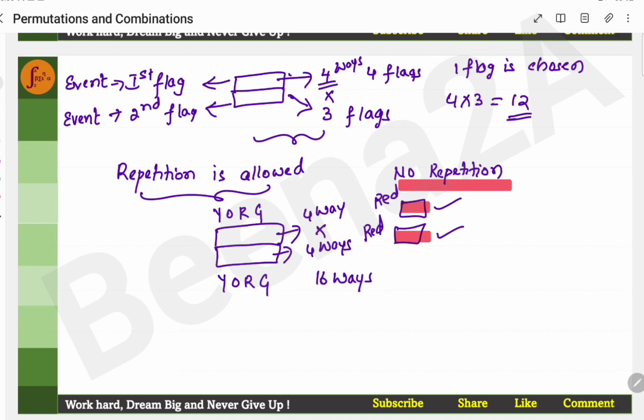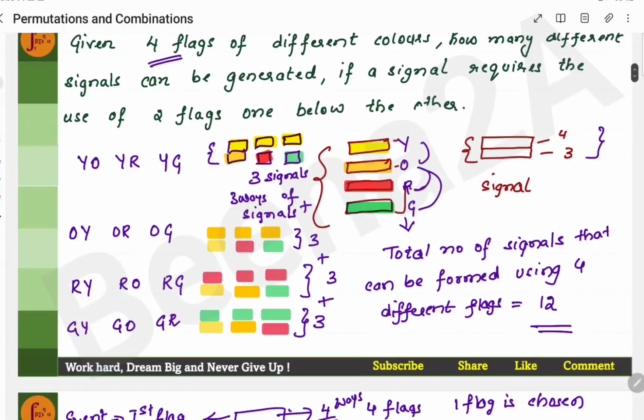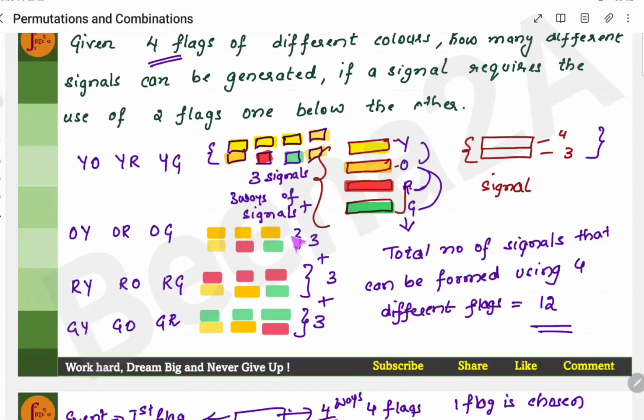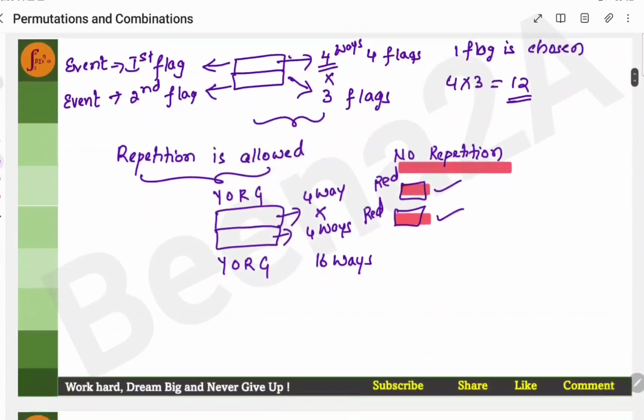We'll have another 4 combinations: yellow-yellow, orange-orange, red-red, green-green. So we got 12, another 4 get added, and it becomes 16 ways. Using the multiplication principle also we get 16 ways.